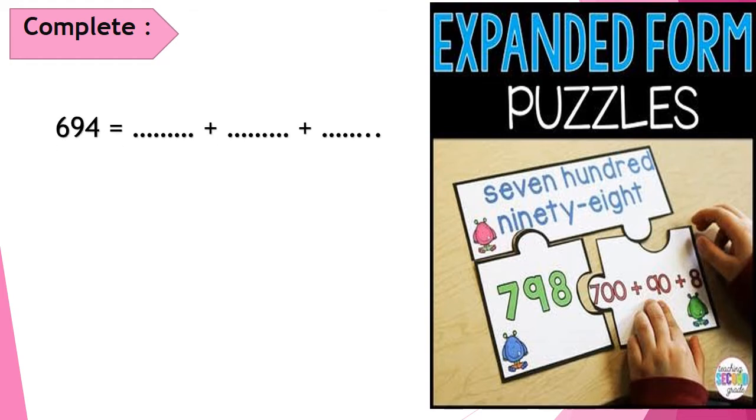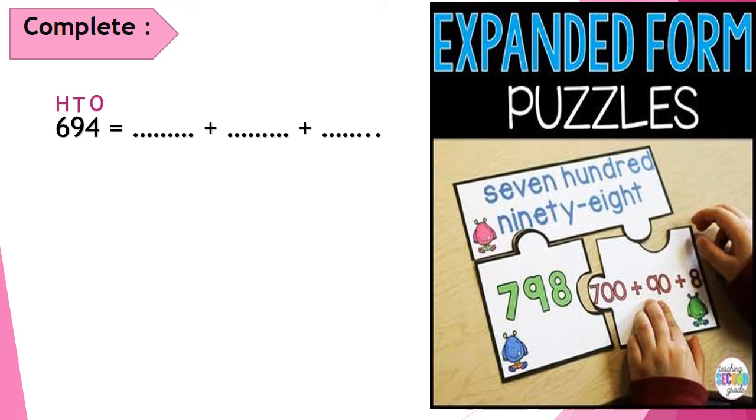Complete. Number 1, 694. We want to write this number in the expanded form. We know that the first digit is ones, the second digit is tens, and the third digit is hundreds. To write this number in the expanded form, we will put 2 zeros to the number in the hundreds.